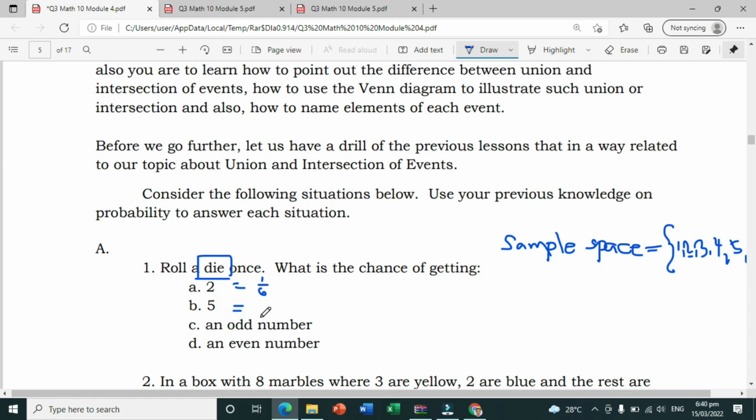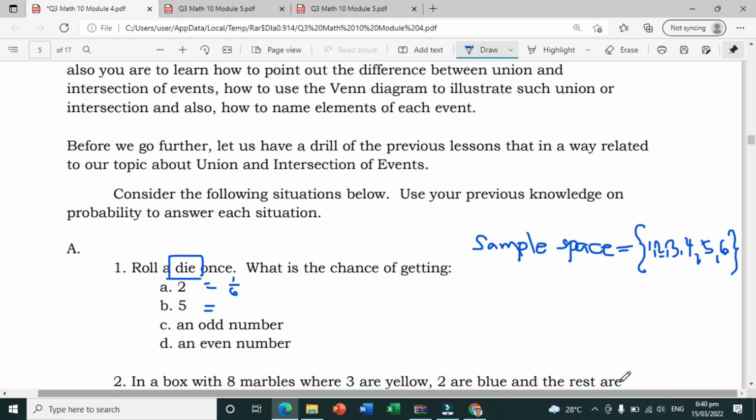How about kapag 5? Kapag 5 naman, ilang 5 meron sa sample space? So, there's only 1 pa rin. So, 1/6. Yan. How about kapag odd number? So, kapag odd, ilan ba yung odd numbers natin sa die? So, meron tayong 1, 3, 5. Yan lang.